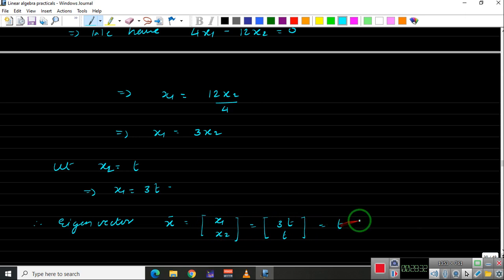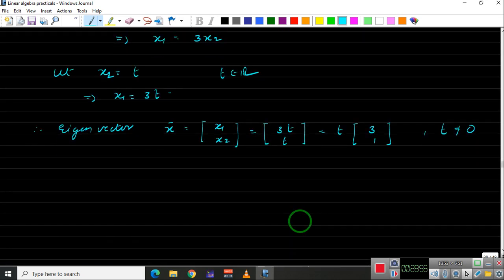We can take this t outside and write 3 and 1, and of course this t belongs to the real numbers. T belongs to R, and t is not equal to 0, because if t equals 0, then x bar equals 0, and we will not get anything, because the eigenvector has to be a non-zero vector.